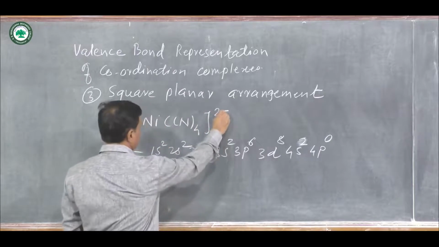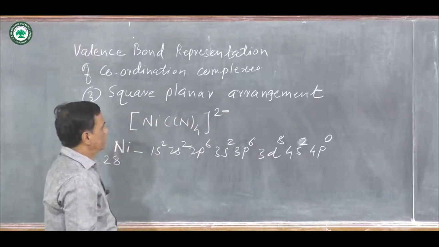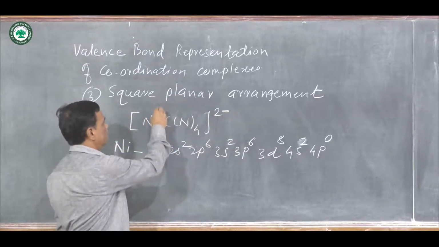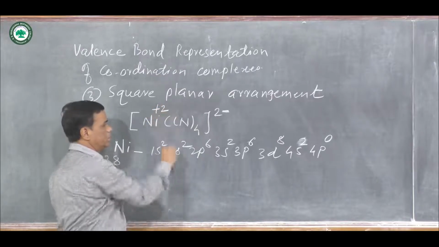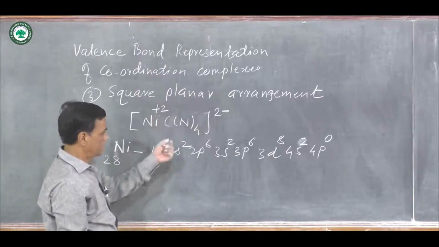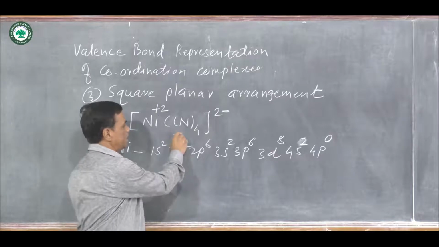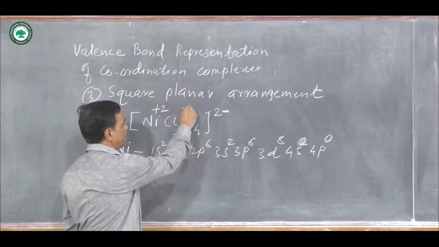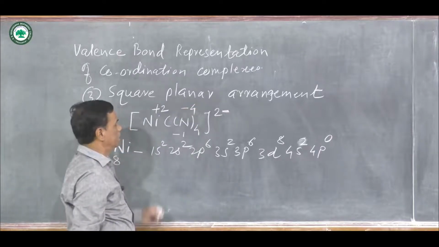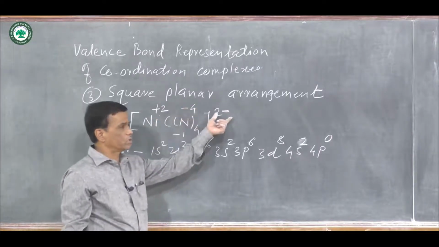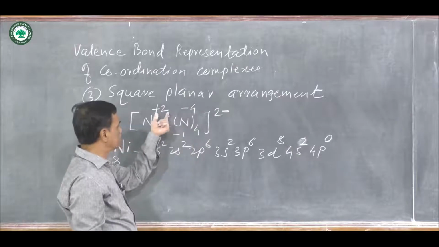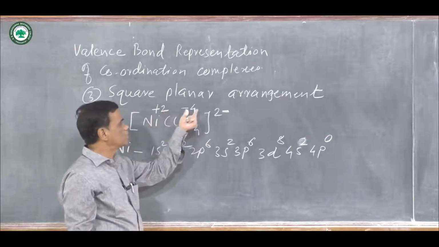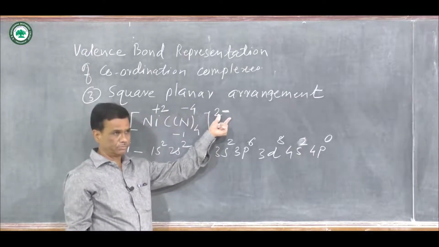When there is a formation of the complex ion Ni(CN)4 2 minus, the charge on this nickel is equal to 2 plus. The reason is that every cyanide donates minus 1. There are a total of 4 cyanide ligands. Here minus 4 is there, and you know that the charge on a complex ion is the algebraic sum. Here plus 2 minus 4 is equal to minus 2.